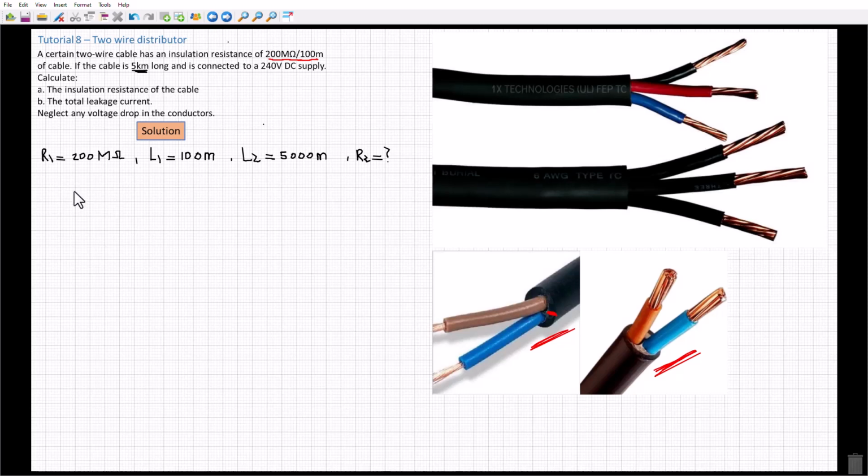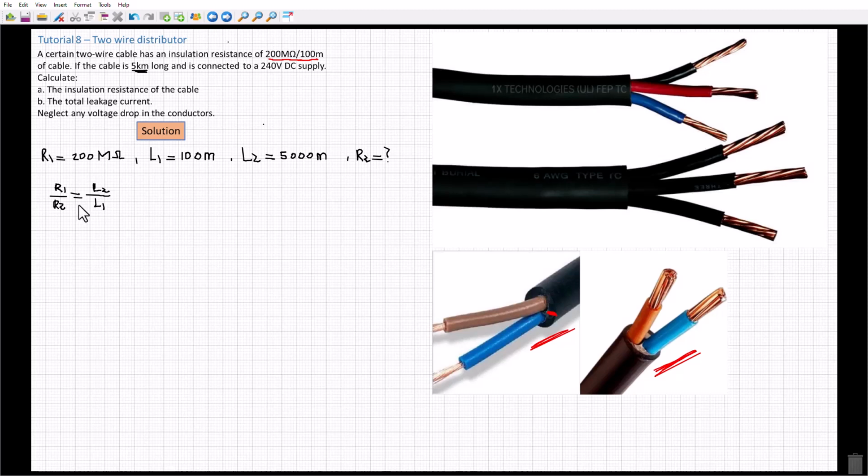Since the insulation resistance is inversely proportional to the length of the cable, we're going to say R1 over R2 is equal to L2 over L1, so the inverse of the distance.